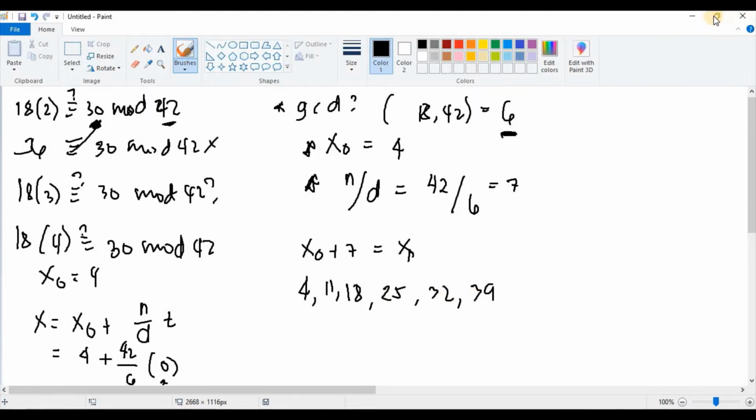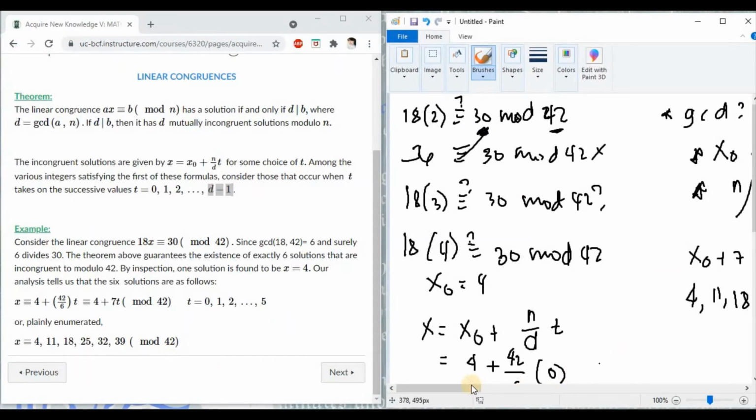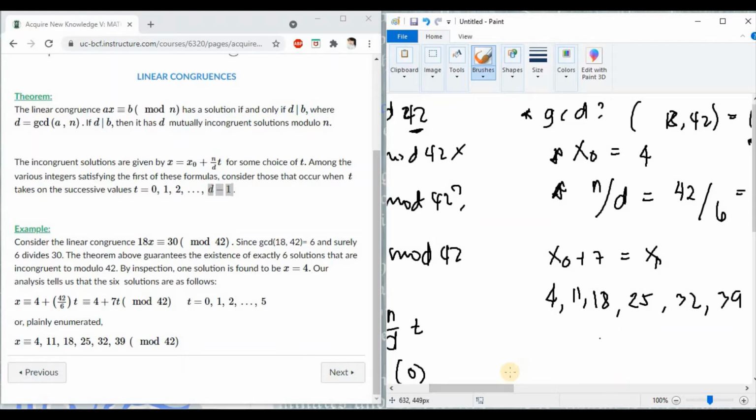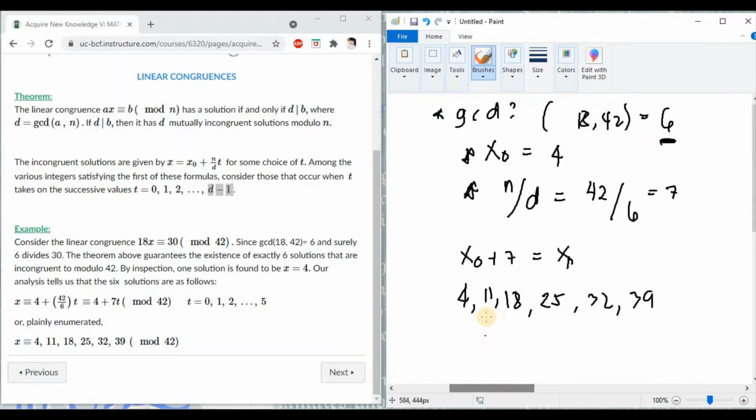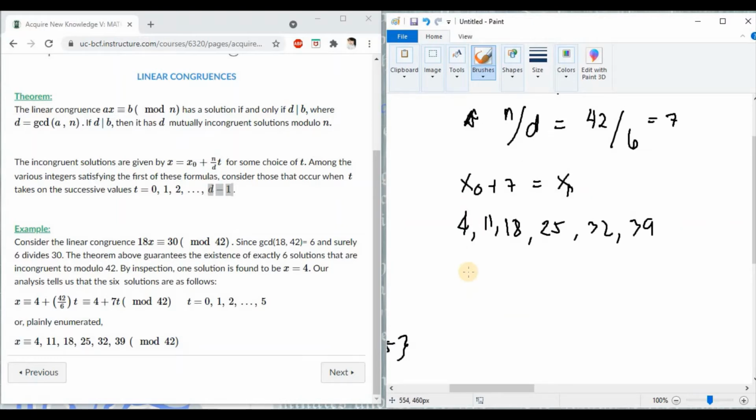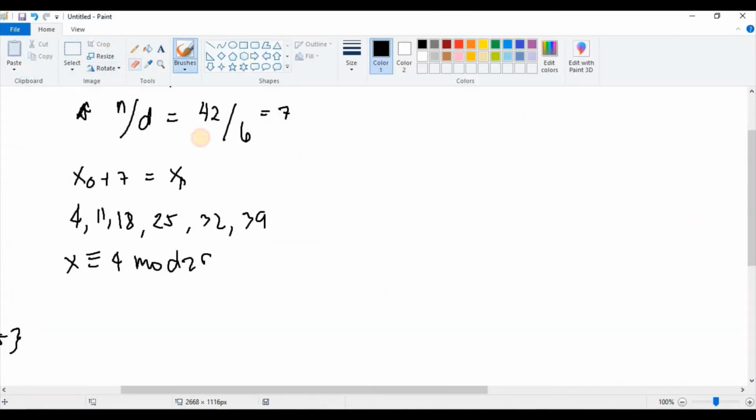Okay? Let's check if it is correct. So, we have 4, 11, 18, 25, 32, and 39. Those are the values of your x. How do we write those, guys? The solutions. For example, our first solution is 4 mod 42.